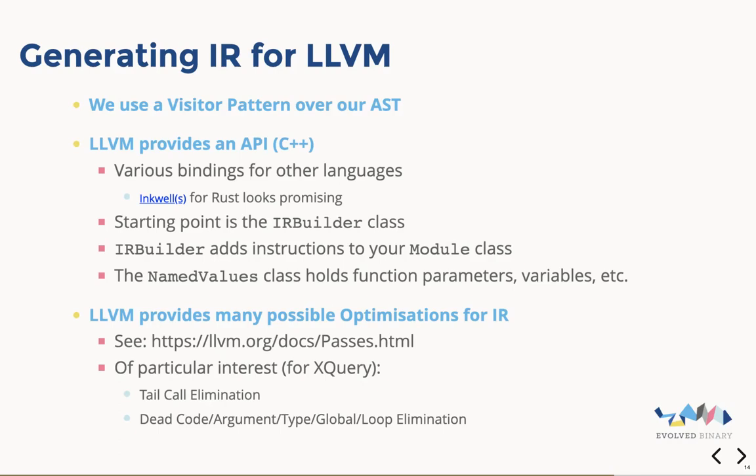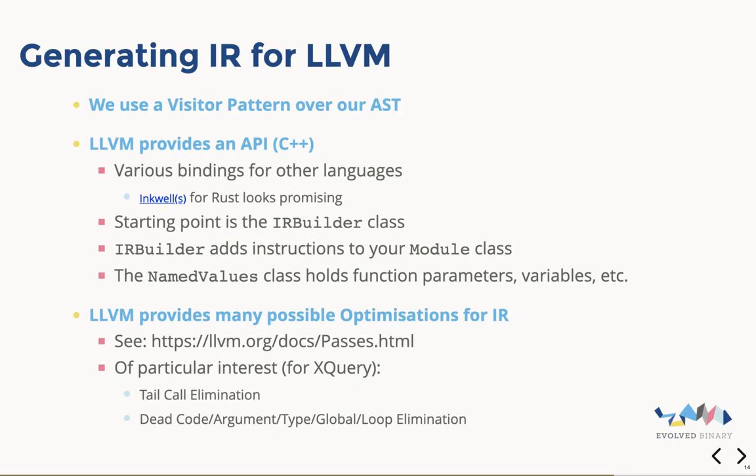And as it turns out, because of this, I think generating the intermediate representation is a much easier task than actually writing the lexer or the parser. Now, we're working from Rust, and there are various Rust bindings for LLVM. We're using Inkwell at the moment, and for the experimental stuff that we're doing, it's working quite well. It's not perfect, but it's quite good.